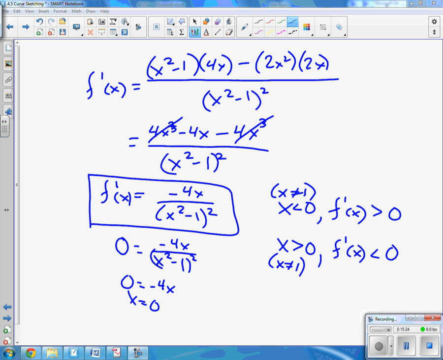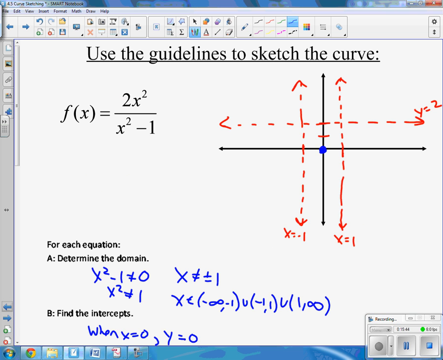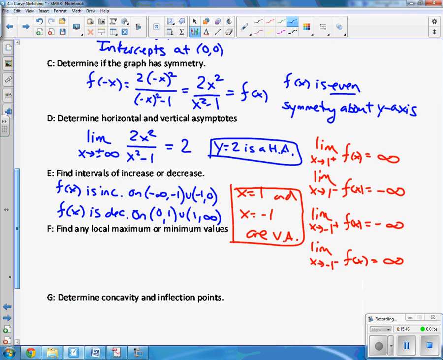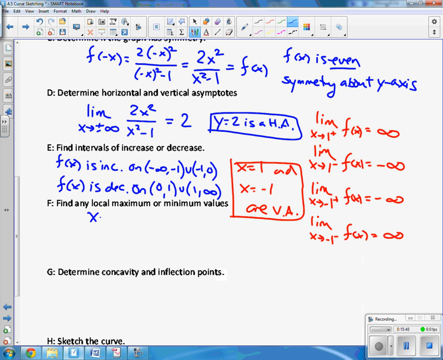So when I look at the denominator, I know that they're always going to be positive or 0, but I've already determined that at positive and negative 1, I know that I have vertical asymptotes. So I can't have a max or a min there anyway. So even though the derivative doesn't exist at those values, I'm not going to consider those. So the only critical number that I have to consider is x equals 0. Okay, so x equals 0 is the critical number here.